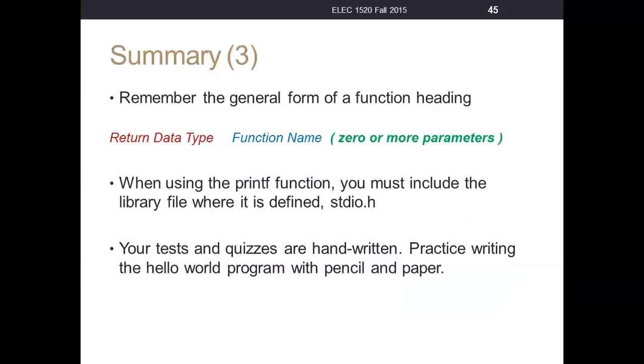Remember the general form of a function heading. A function heading always has a return data type, a function name, and left and right parentheses indicating the parameter list, where there can be 0 or more parameters. Remember that when you're using the printf function, you have to include the library file stdio.h, where that function is defined.